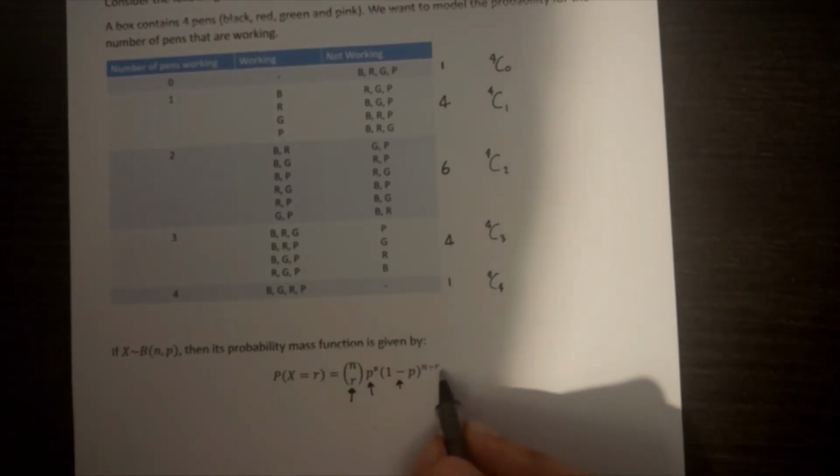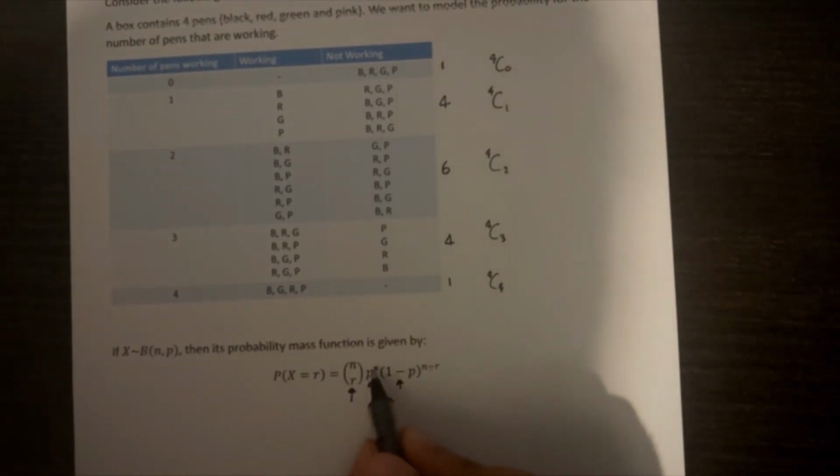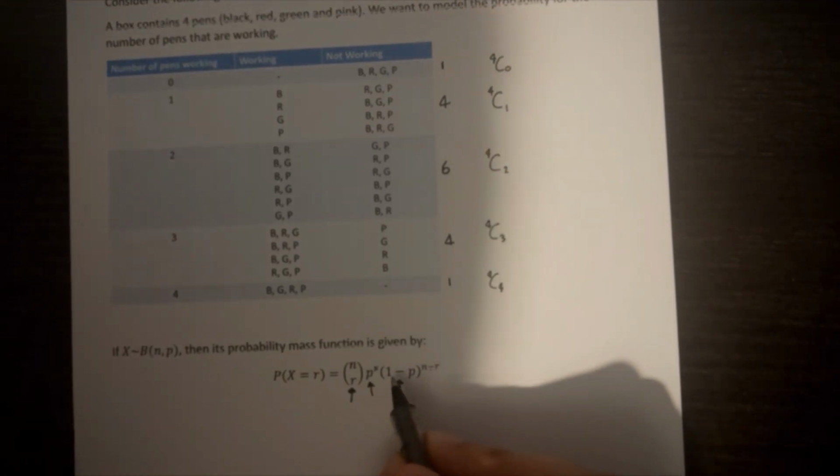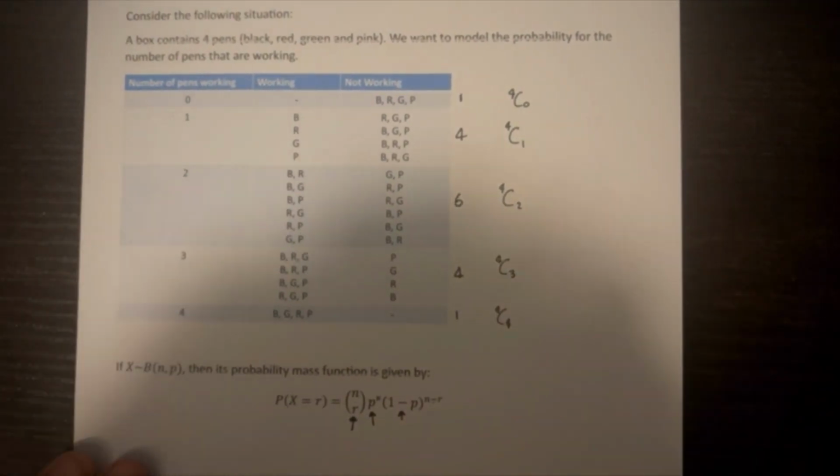If there were r successes, there must be n minus r failures. So we've got a number from Pascal's triangle, the probability of success to the power of the number of successes, the probability of failure to the power of the number of failures. And that's how we're going to work out our probabilities.